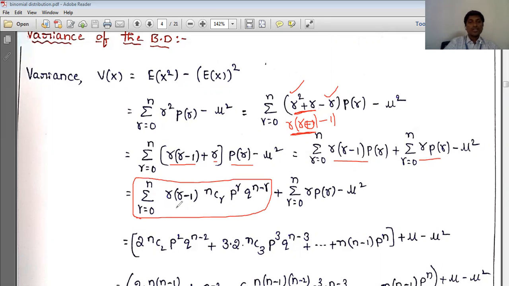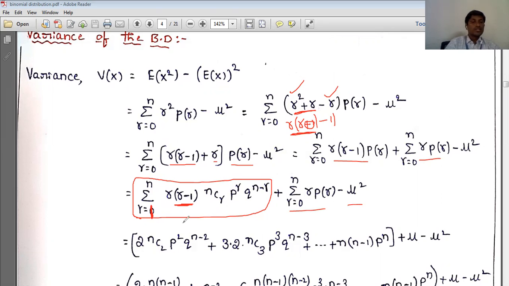Okay, so here it is. This summation is valid only from r equal to 1 to n, not for 0. Why? Because here we have the r minus 1 term. We already know that this is valid only for positive terms. So for that, summation r equal to 1 to n, r into r minus 1, nCr p power r q power n minus r. And this is as it is, we wrote here, and here also mu square.